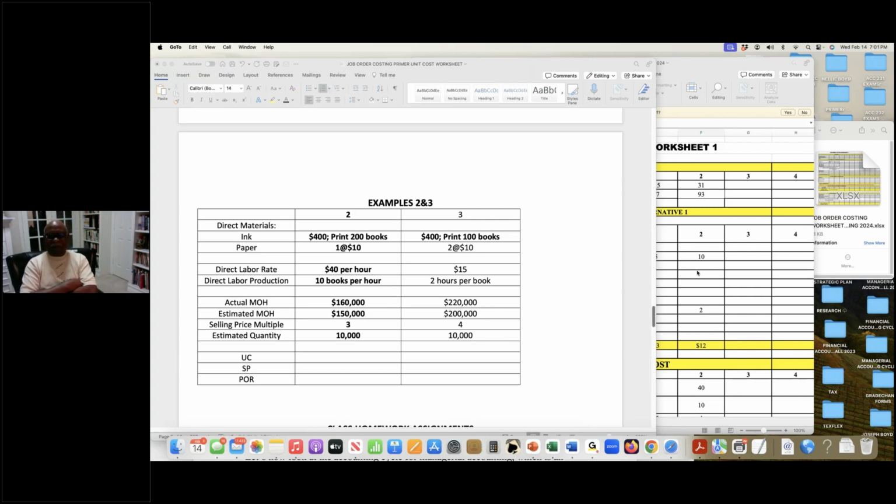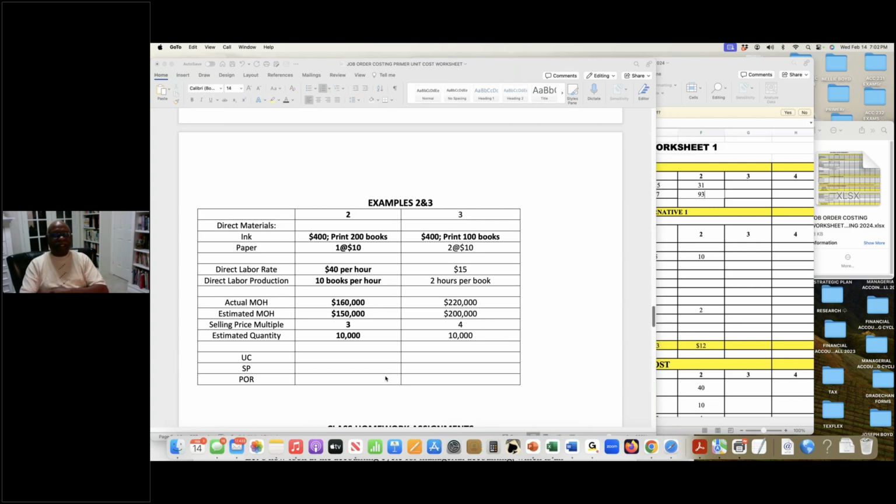Okay. So since it's 2 hours per book, you gotta multiply the 2 hours, because it takes 2 hours to make one book. Okay, but if that's 30, then what's the estimated unit cost? How would you get that? You just add the three parts up to get the estimated unit cost.